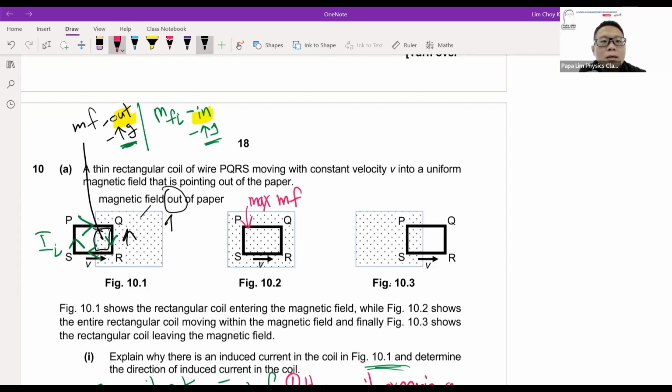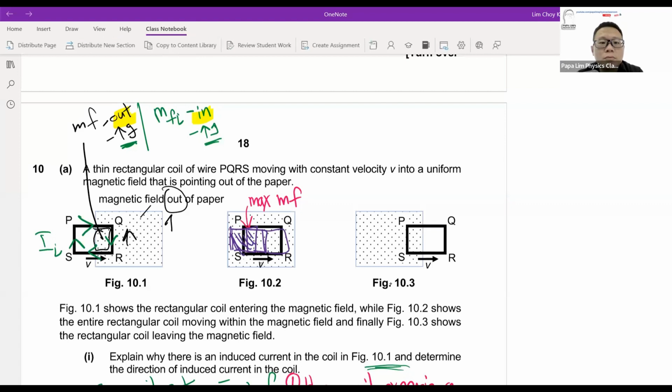So whether the coil is moving from left to right, you'll find that the amount of magnetic field line inside the coil is always maximum. So whether I move from position 1 here, or I move to position 2 here, the amount of field line is the same.